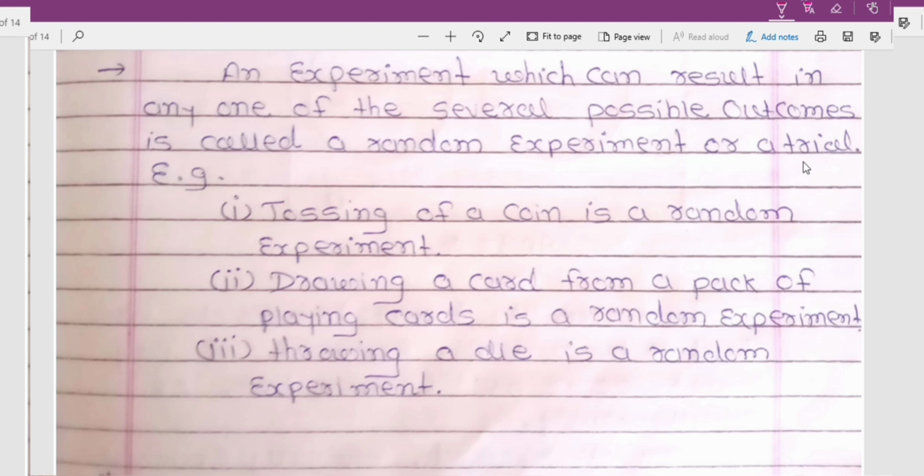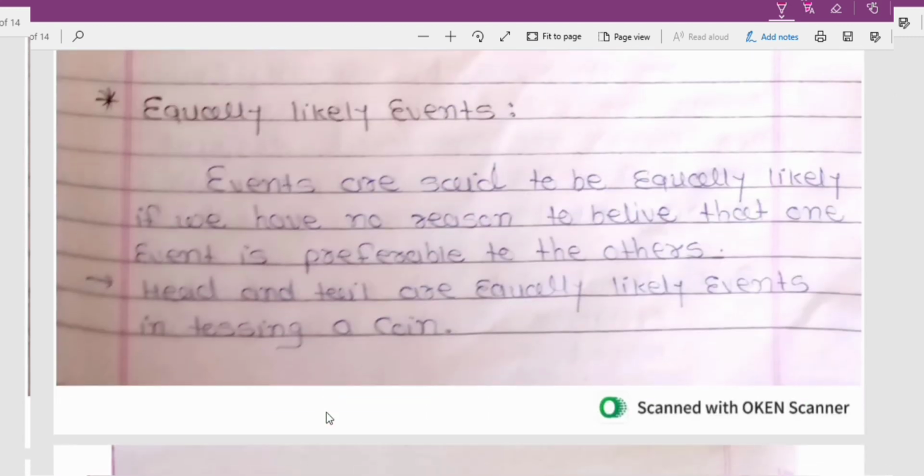An experiment which can result in any one of several possible outcomes is called a random experiment or trial. Example: tossing of a coin is a random experiment. Second, drawing a card from a pack of playing cards is a random experiment. Third, throwing a die is a random experiment.